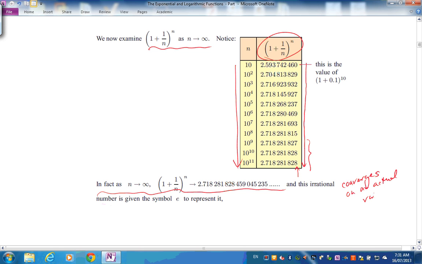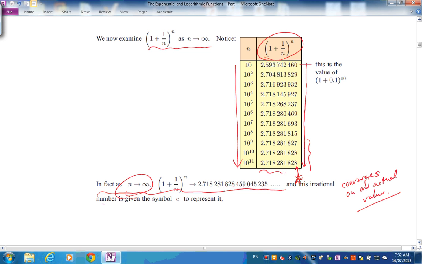Now, as n tends to infinity. So that's the problem though. We can't actually terminate the decimal because we can't do n tending to infinity or an infinitely large n. There is no such thing. Yet we can see that this is heading towards a certain value. And so we're going to say it converges and that there is an actual value for a.